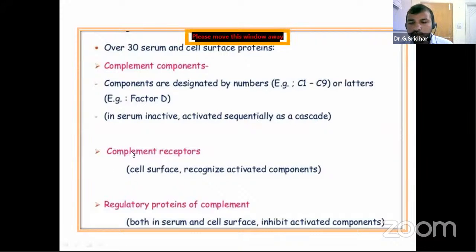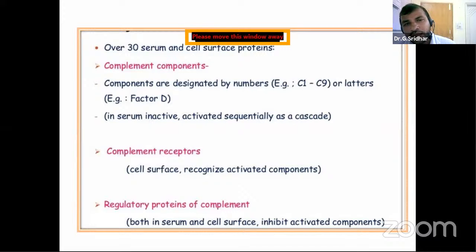Then complement receptors: cell surface receptors recognize activated components. I already told that complement proteins directly detect membrane-bound antigens or immune complexes. It is also activated by other complement protein split products. For example, if you activate C3, it will split into C3a and C3b.